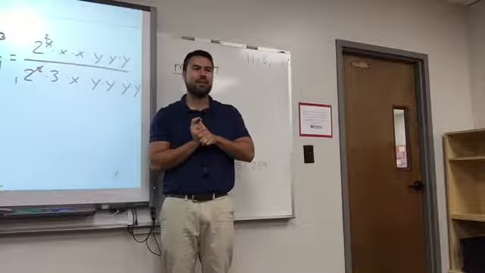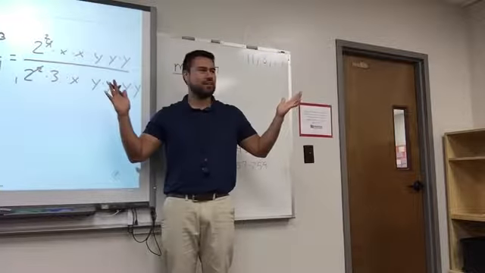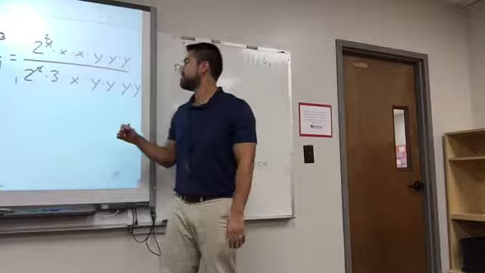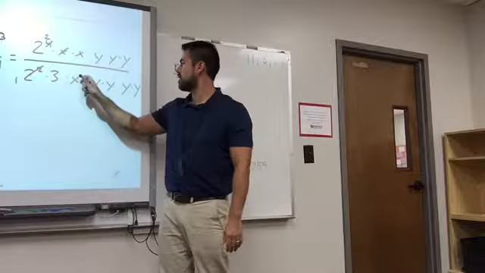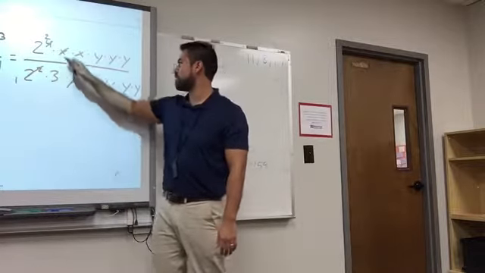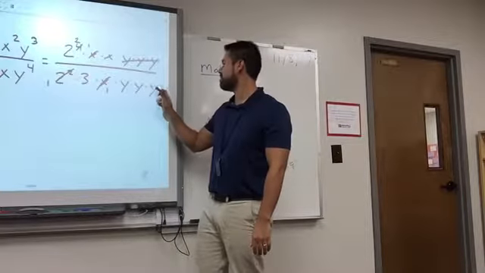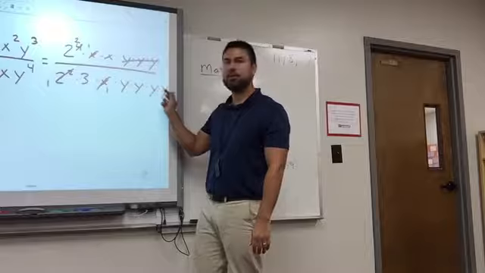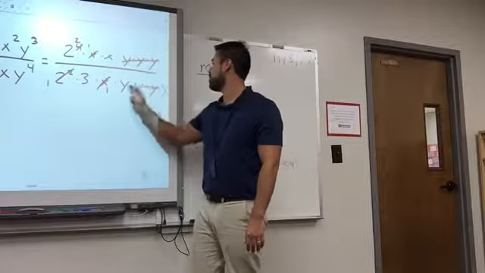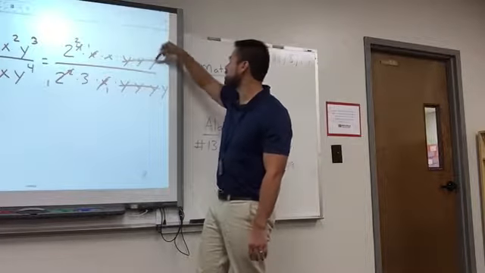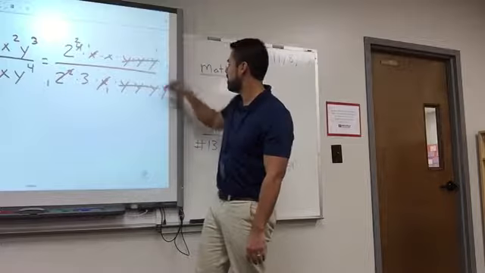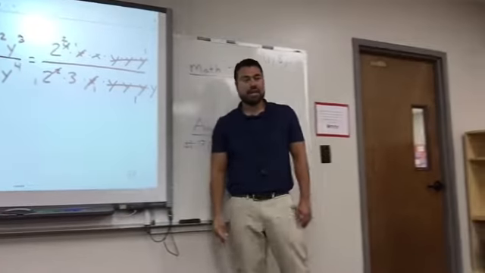Sorry, 3, you got to stay. Anything with the variables? 1x and 3y. 1x gets canceled because x over x is 1. And then these 3 y's, does it matter which 3 y's down here? It doesn't matter. Just pick. What's y to the 3rd over y to the 3rd? 1.